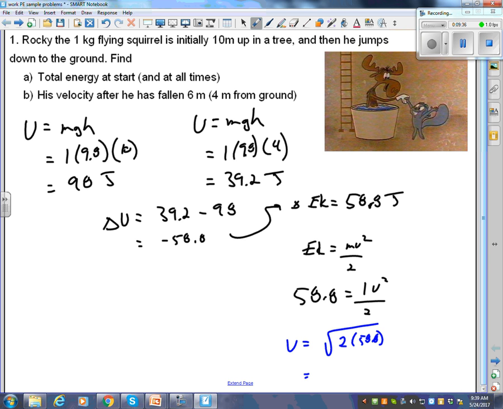Take the square root. 10.8. So it's just another tool in your arsenal, another way to do those type of problems. Is that good? Pretty straightforward? The loss of potential energy is equal to the gain of kinetic energy.